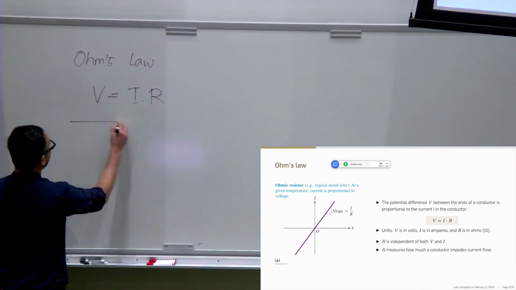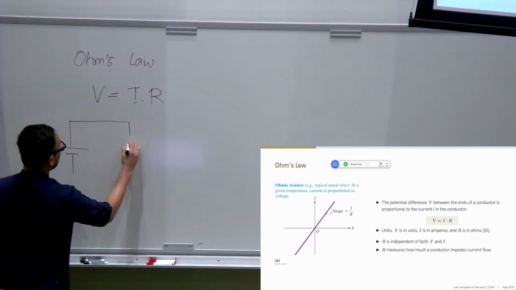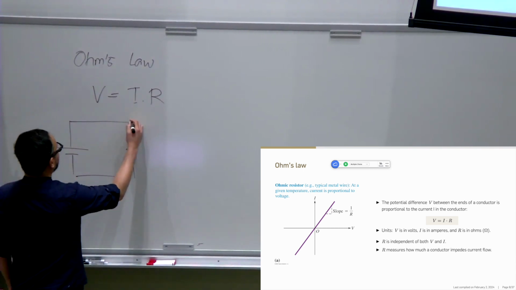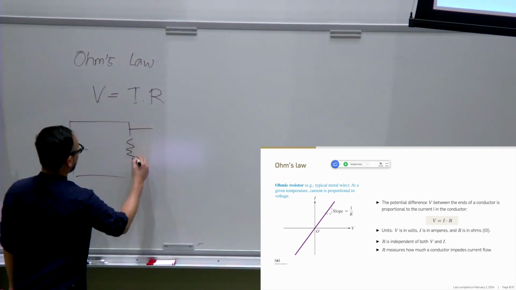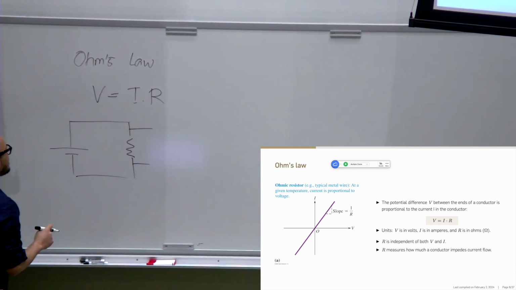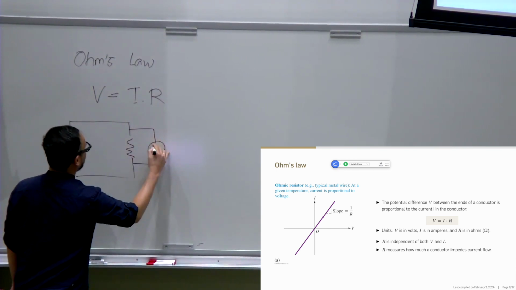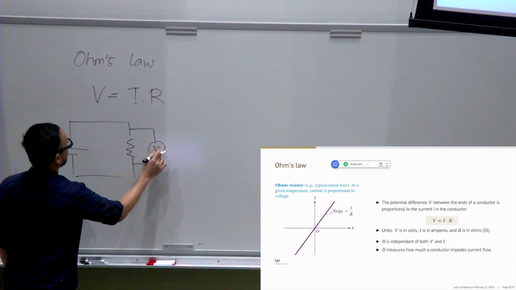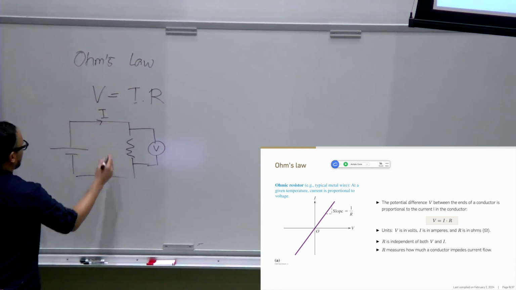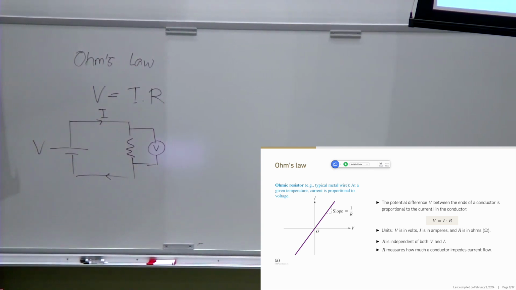So if we have our favorite circuit, the simplest circuit in the world, which is a battery and a resistor, the voltage drop along a resistor, if we have a voltmeter, this volt here is equal to I times R. I is the current, V is the voltage of the battery.